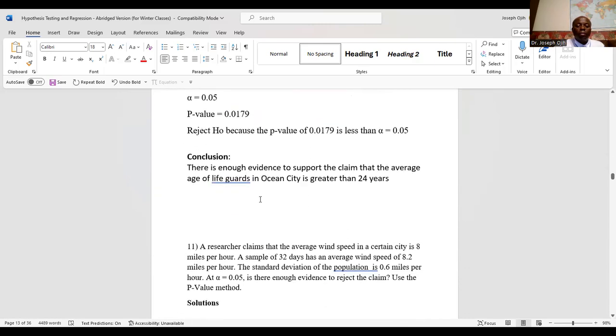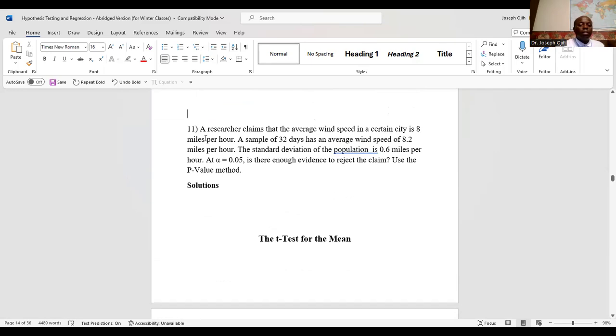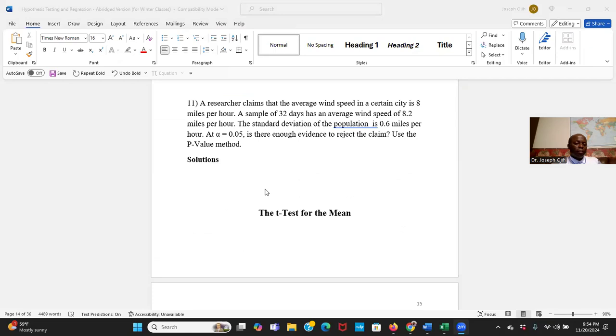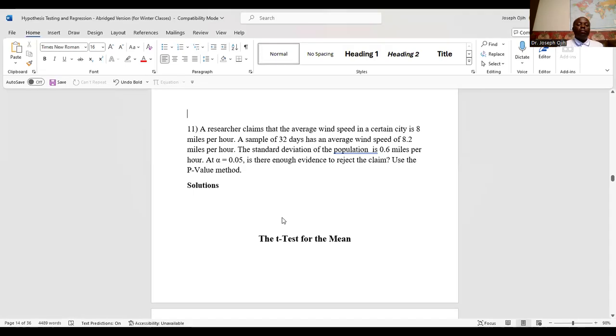When it is two-tailed, like this one says here. A researcher claimed that the average wind speed in a city is 8 miles per hour.